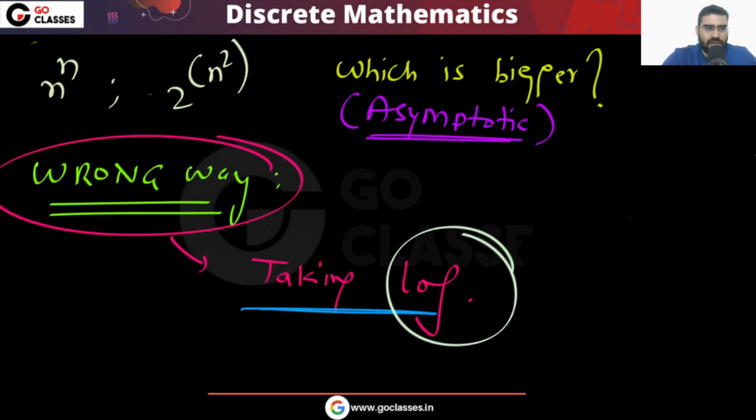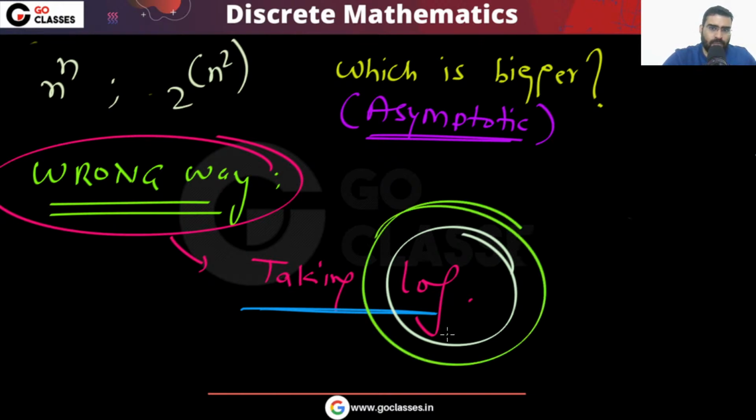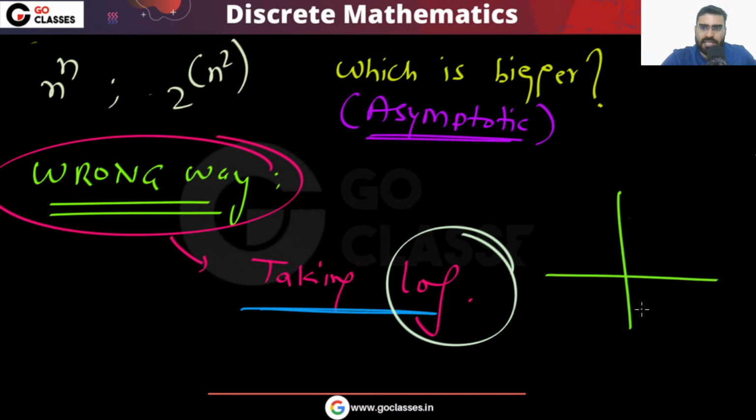Let me tell you very clearly that log is a monotonically increasing function. If you see the graph of the log, it is monotonically increasing. So if f is greater than g, then log f is also greater than log g. And if g is greater than f, then log f is less than log g.